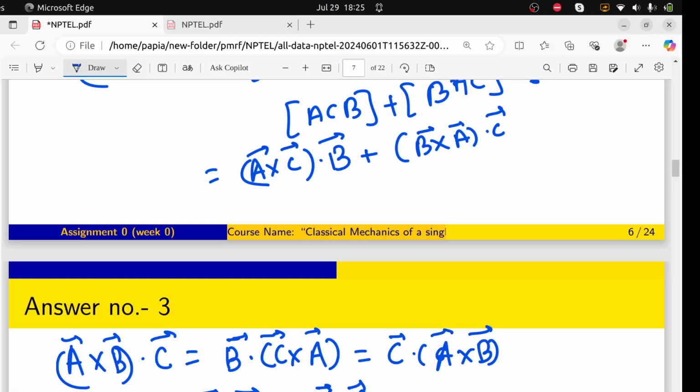That is exactly the same. This is A dot B cross C, so these three are the same. But what is given here?